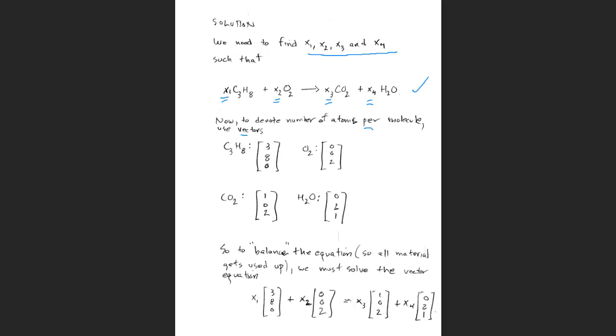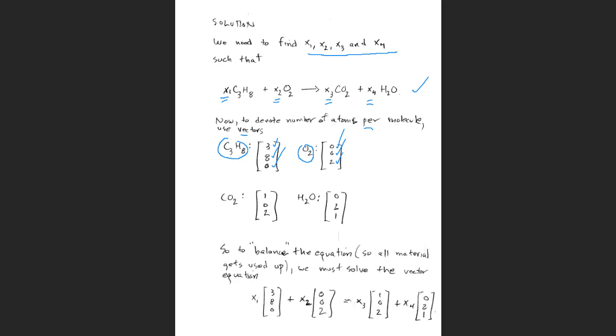So the propane molecule C3H8 has 3 carbon atoms, 8 hydrogen atoms, and no oxygen atoms. So the vector that represents the propane is (3, 8, 0). Oxygen, O2, has no carbon atoms, no hydrogen atoms, but there are 2 oxygen atoms.